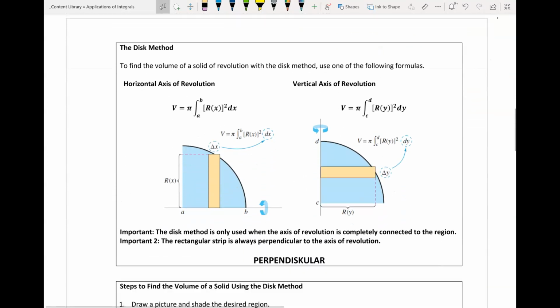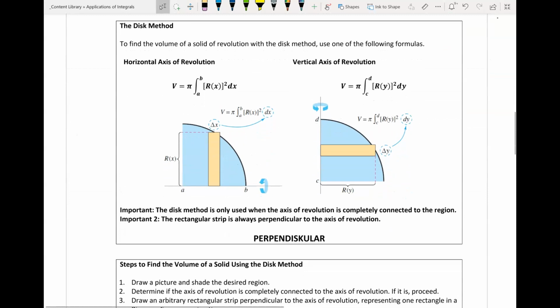So here's the method to find the volume of an object that is revolving around an axis. If we are relative to the horizontal axis, which could be the x-axis or any horizontal line like y equals 1, then we use this formula: V equals pi times the integral from a to b of r of x squared dx.